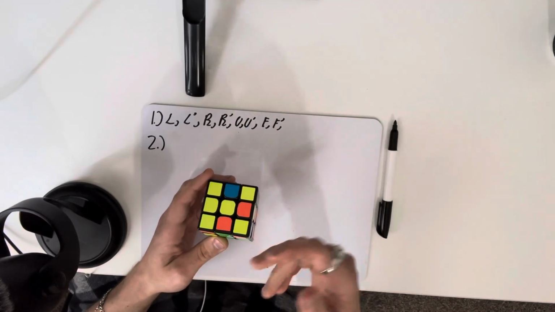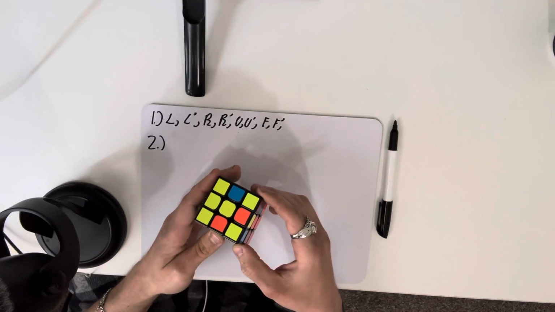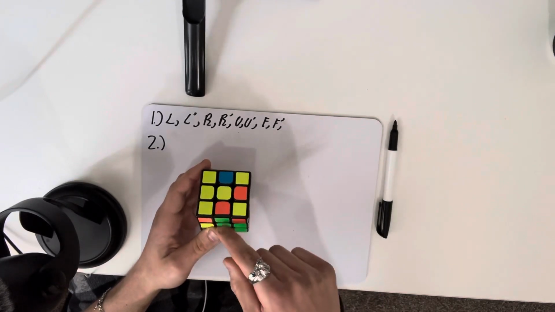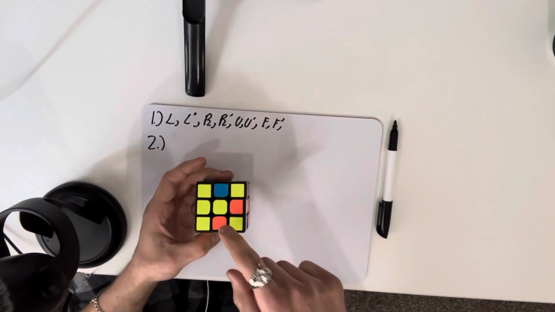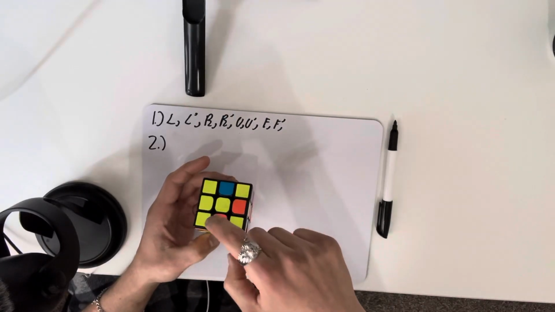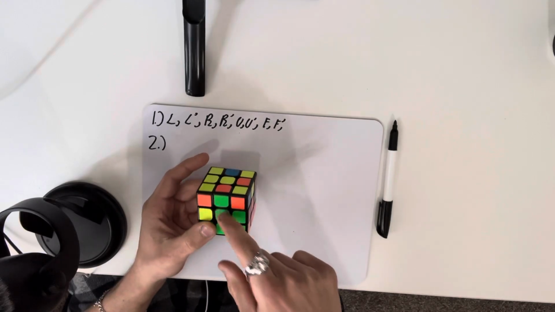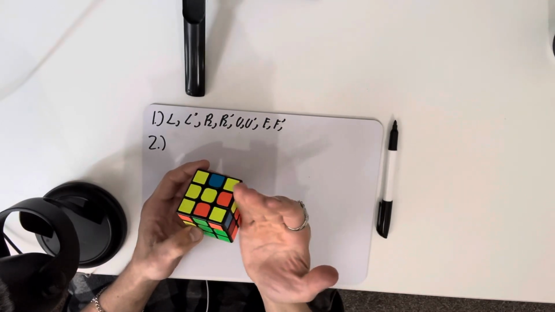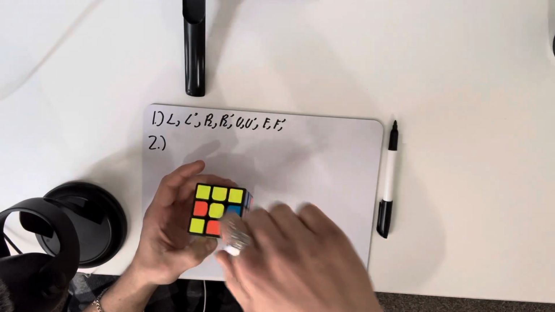Or no, we can technically face this side too. Depends on preference, I suppose. But yeah, all you gotta do is put it on top of the green, and you're gonna move this one turn away from the other color. So it's on top of green, because that's the bottom one. The orange is on this side, so we're going to move this top one turn away from where the orange is.